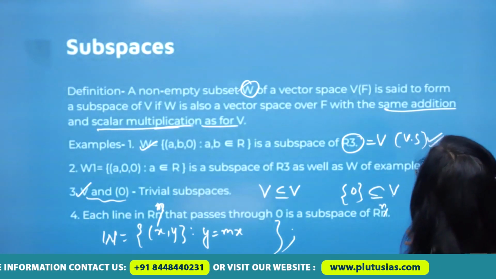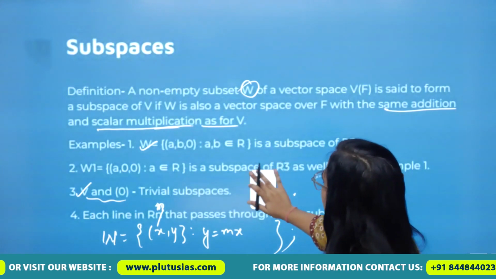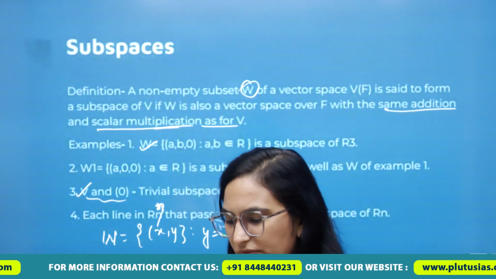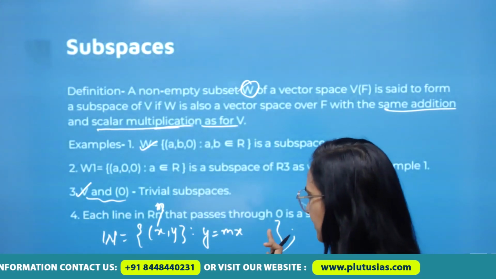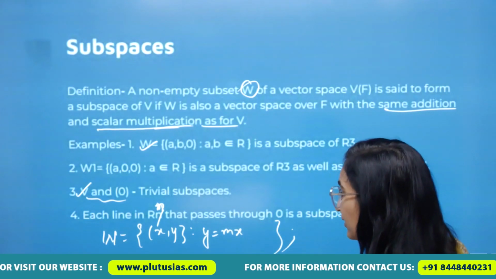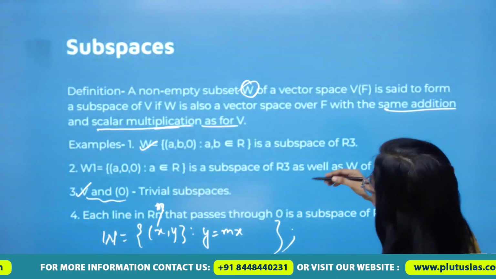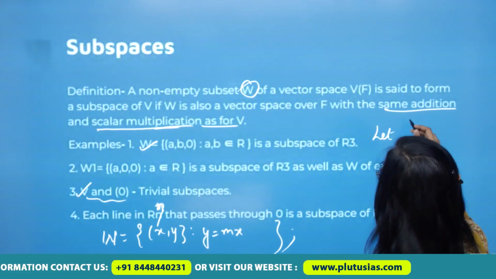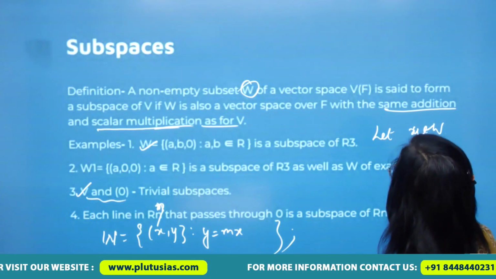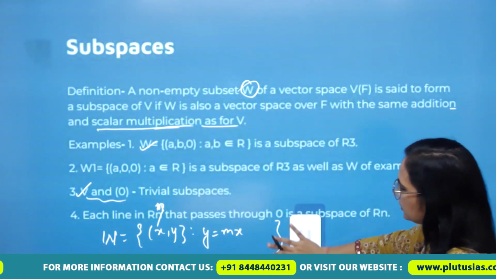Now, how would you prove that this is a subspace? To prove a subspace, we don't need to prove all the properties, right? We need to prove that the additive inverse exists and the additive identity exists. So how would you prove that the additive inverse exists? In particular, let u be any element of W. Let me take this to the white plane.